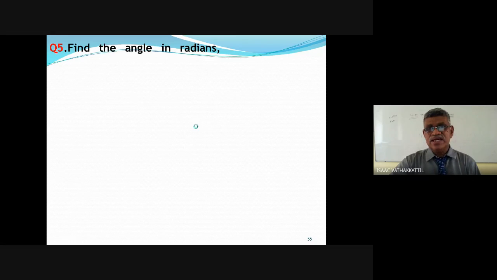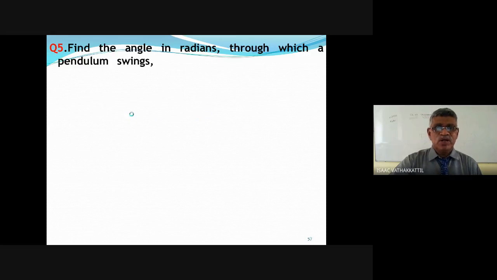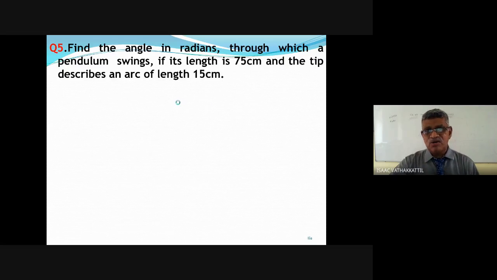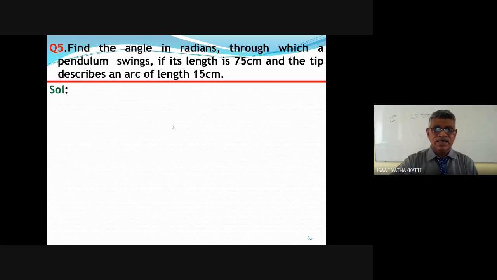Find the angle in radians through which a pendulum swings if its length is 75 centimeters and the tip describes an arc of length 15 centimeters. For this pendulum, the length of the pendulum is the radius of the circle and the arc length is 15. We have the formula L equal to r theta, so theta will be L by r.